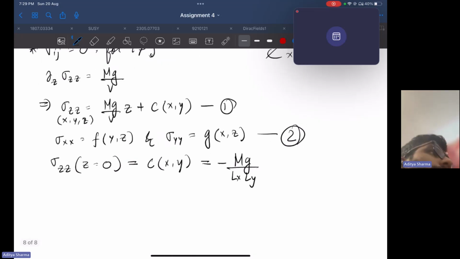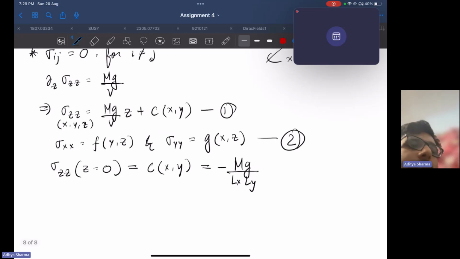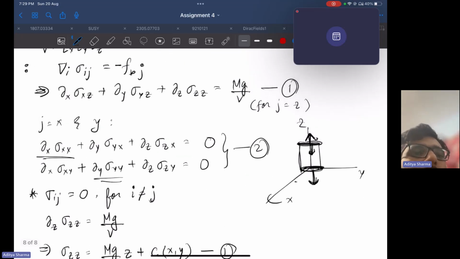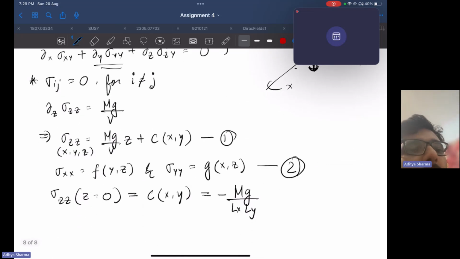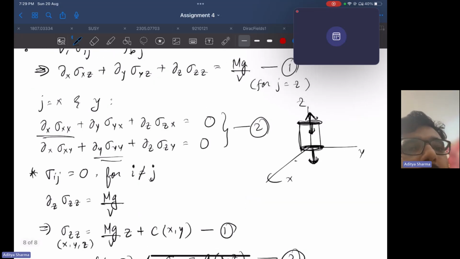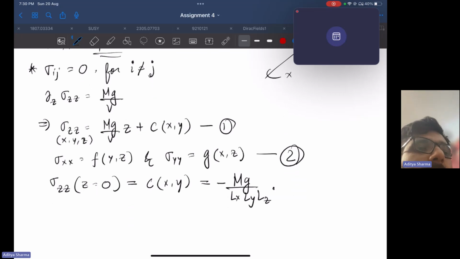So the body force is the same all over the material, right? The body force in the bottom part would be body force per unit volume, and we want stress, which is per unit area. So we multiply by Lz, the length, since volume over area gives Lz. It's like force by area.